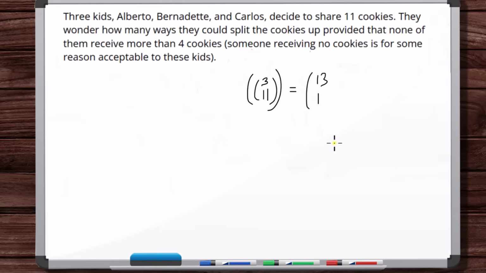So that's the total number. Let me put this over here. The total number of ways you can distribute 11 cookies to these 3 kids, where it's okay if a kid has 0. There's no lower limit, but there's also no upper limit either. You could have a kid get all the cookies. That's what this count is.